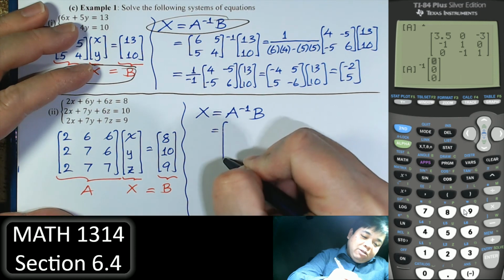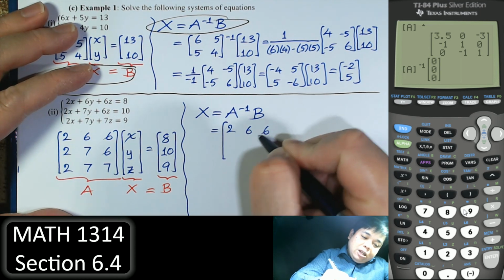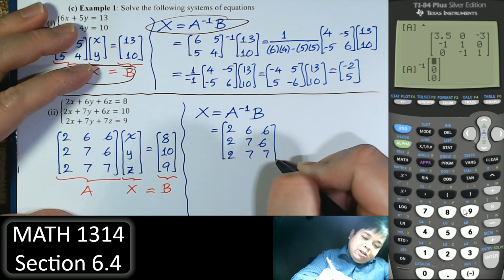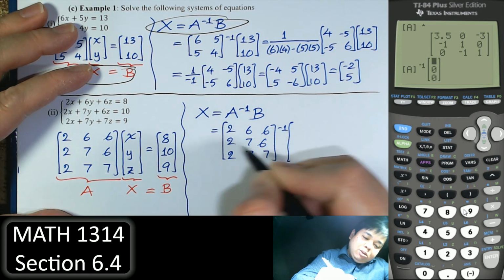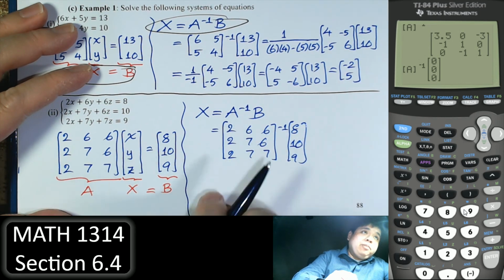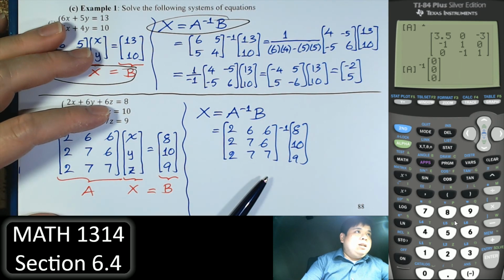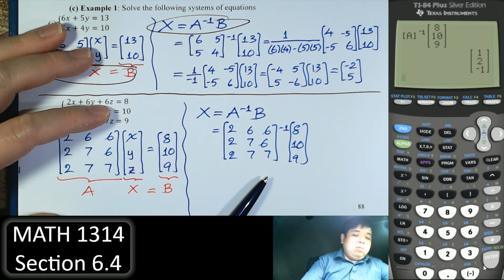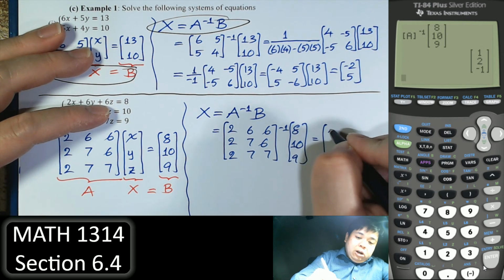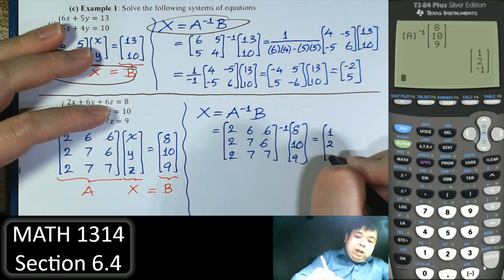So we have the inverse of 2, 6, 6, 2, 7, 6, 2, 7, 7 inverse times B, 8, 10, and 9. So it will be 1, 2, and negative 1.